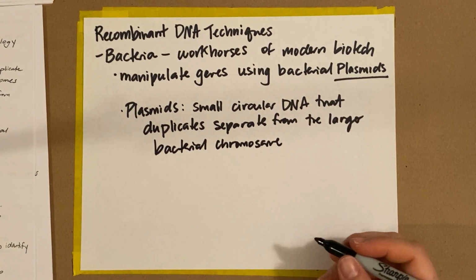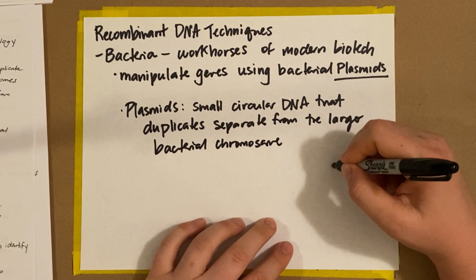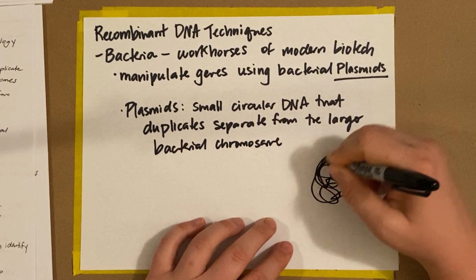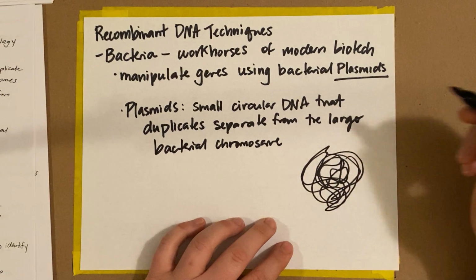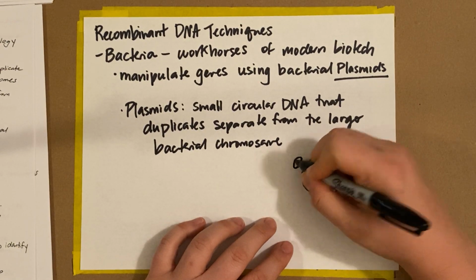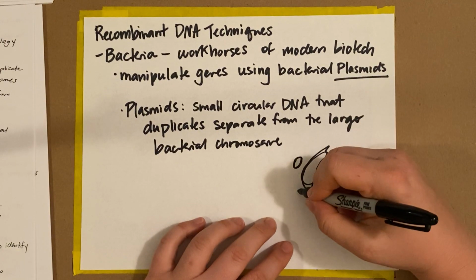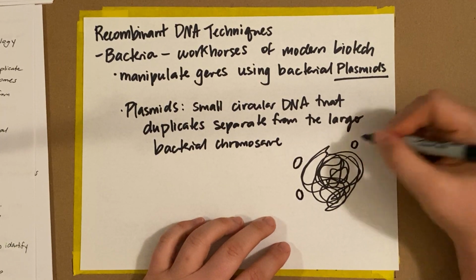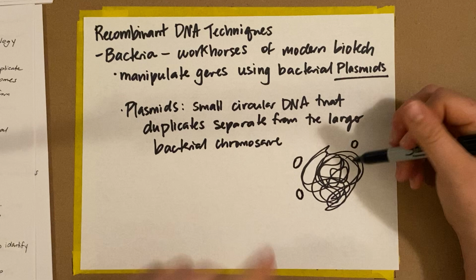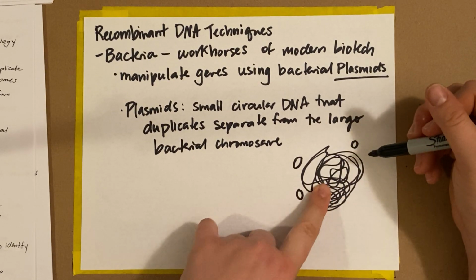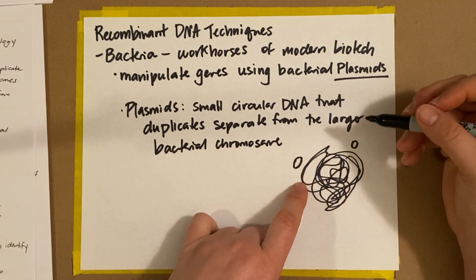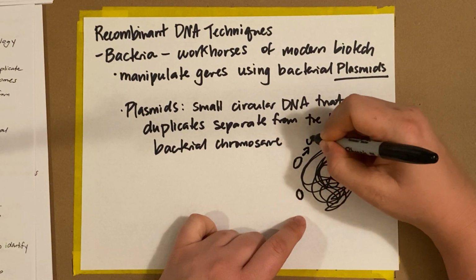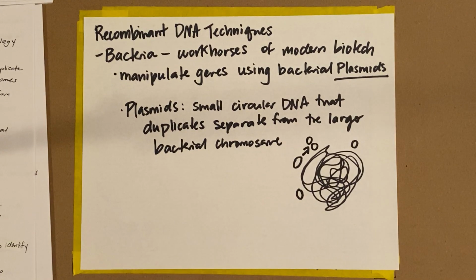If you have a bacterium, it's going to have lots of DNA, all connected. There are these circular pieces that are not connected to the normal DNA, and these are the plasmids. When the process of replication happens, they do not combine with the other DNA. They stay separate by themselves. So when you go through DNA replication, you then end up having two plasmids at the end.